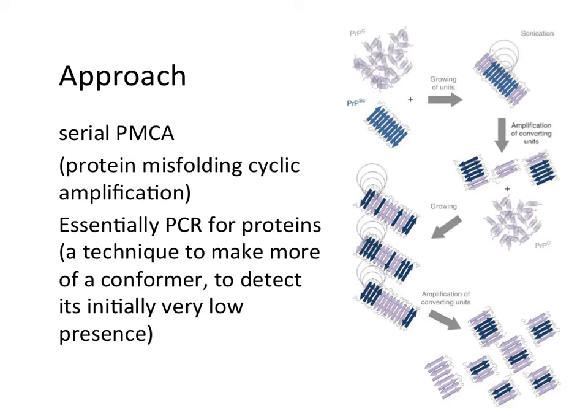So the way this starts, just like PCR, you take a lot of building blocks, that is the normal protein, lots and lots and lots of PrPC. You just throw in a tiny bit of the infectious form. And what they're trying to do then is make that infectious form convert the normal into infectious form, just do it faster than it would happen in a body, in an individual.